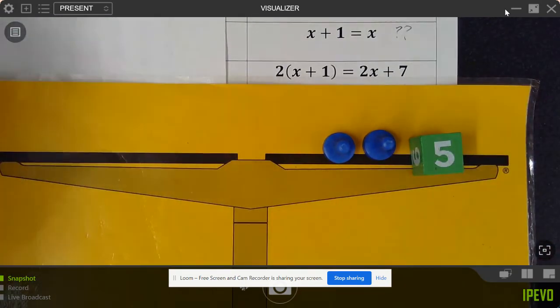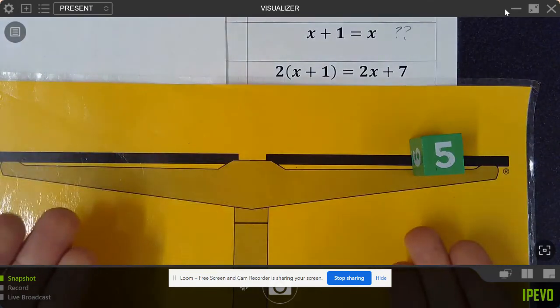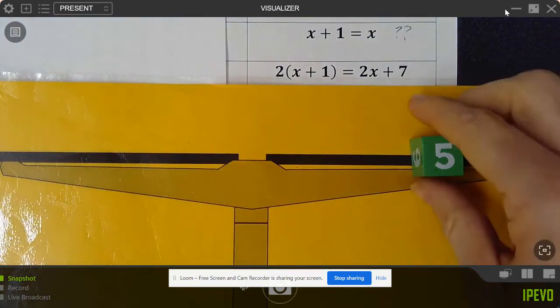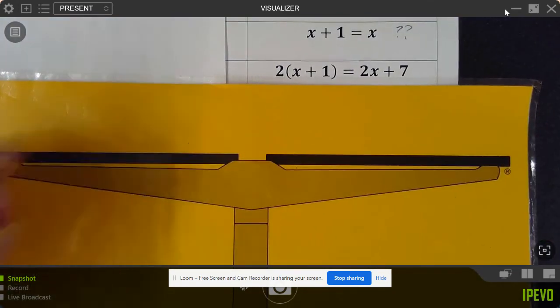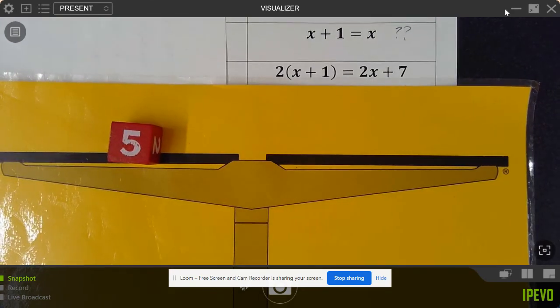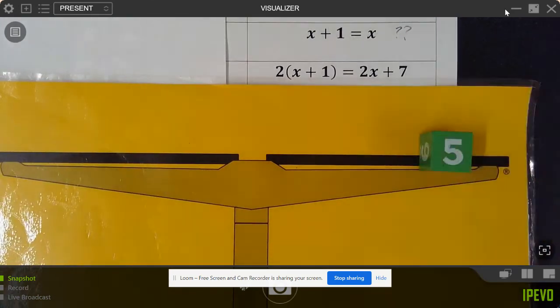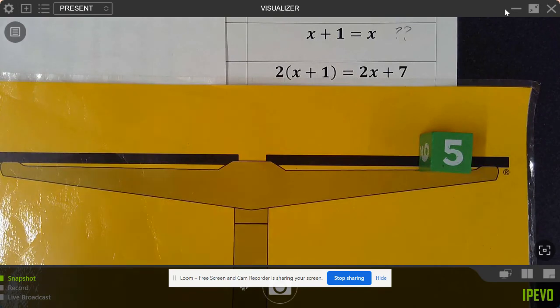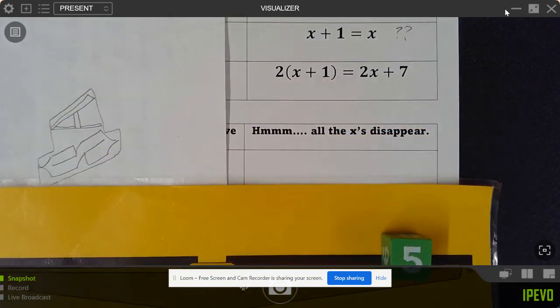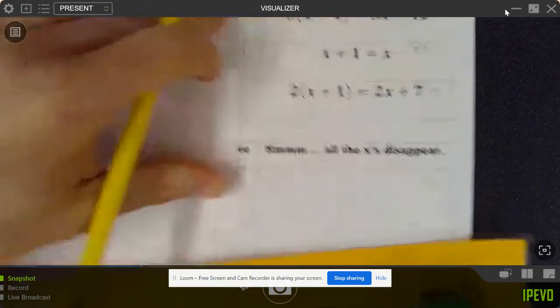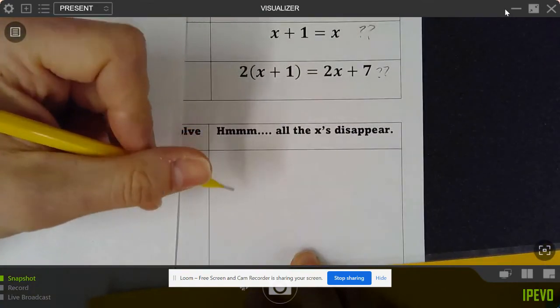Now I take 2x from both sides, and now I have just a 5 left, which again, sure, I'll take a 5 away from here, but now I have a negative 5 here. I add a 5, but then I have to add 5 here. So all the variables go away again. So now these are situations where all the x's disappear.